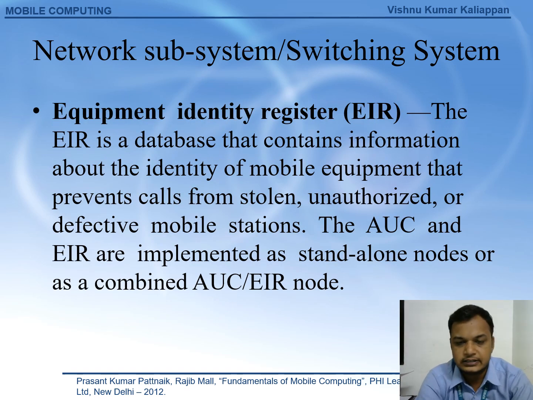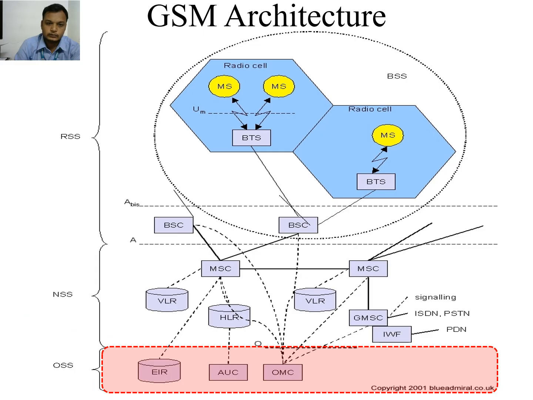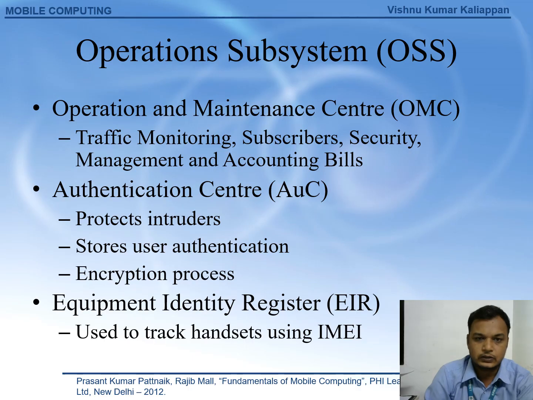Equipment Identity Register is named EIR. The EIR is a database that contains information about the identity of mobile equipment that prevents calls from stolen, unauthorized or defective mobile stations. The Authentication Center and EIR are implemented as standalone nodes or as a combined AUC and EIR. So the last segment is the OSS, operation subsystems, that contains the EIR, AUC and operation maintenance control.